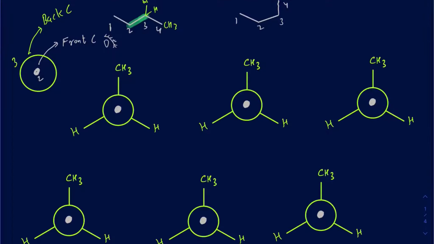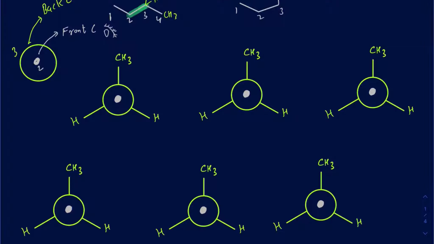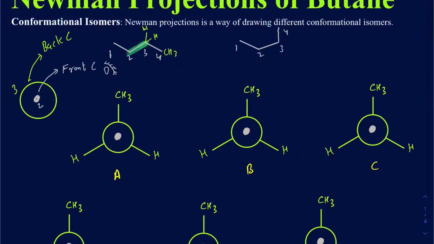Okay, so I'm going to call these A, B, C, D, E. So A, B, C, and I'll just call those as we move along. So now what's happening to your front carbon? In the beginning, I know the front carbon, which is going to be the center here, has a methyl group, the CH3 group, and it's got 2 hydrogens, and that's exactly what we really need to draw.